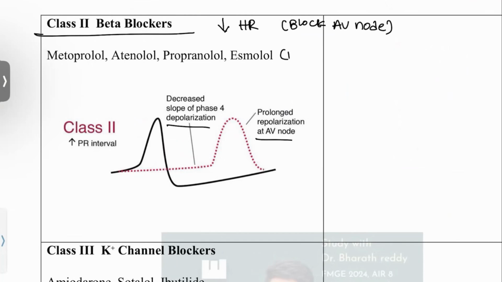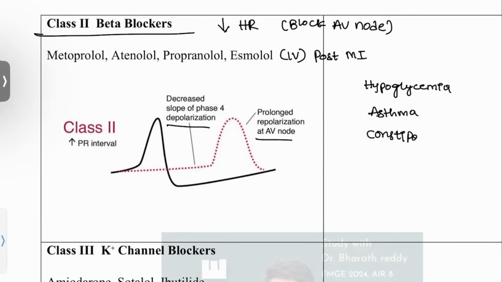Esmolol is actually in the IV form. We can give it in SVT and in patients who have post-MI arrhythmias, and we can also give esmolol as a choice. And next, coming to the side effects, you all know what the side effects of these drugs are. It can cause hypoglycemia, right? It can cause asthma, and it can even cause constipation and impotence.